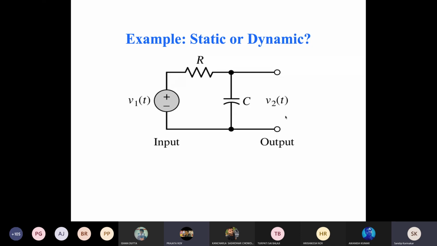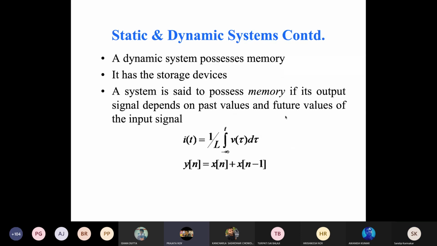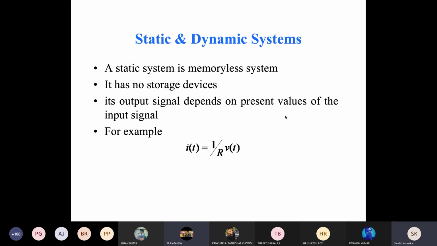Sir, in that case, are dynamic systems always causal? Always causal, right? Because causal means what? Causal means that it depends on previous values and present values, but not on the future values. Static systems only depend on present values.